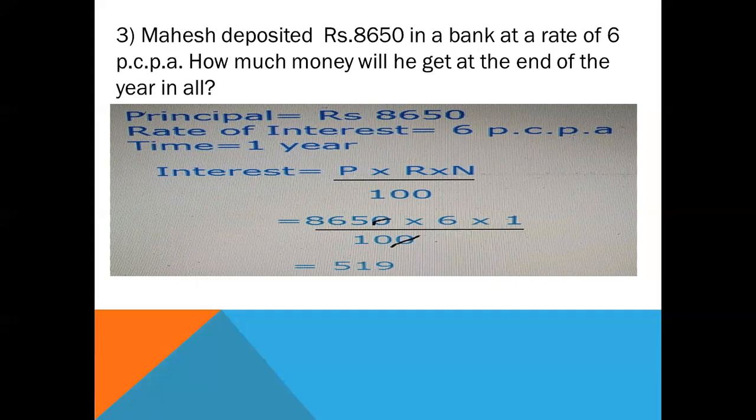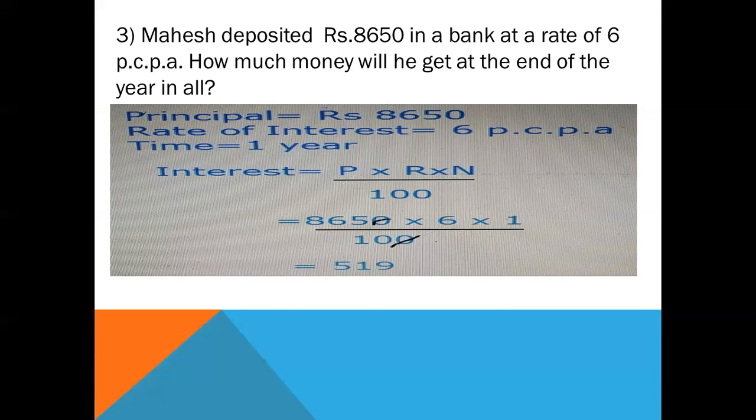As I told you, whatever the question asks, you have to always first calculate interest. Interest equals P into R into N upon 100. Now here P is 8,650, R is 6, N is 1, upon 100. Again by calculating all the numbers, we will get the answer as rupees 519 as interest on rupees 8,650.